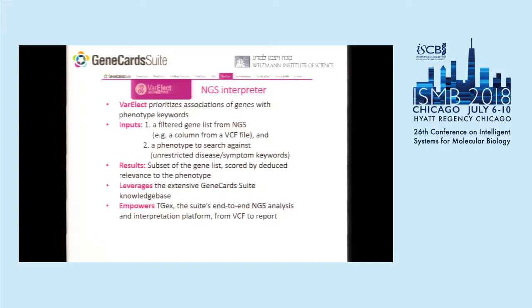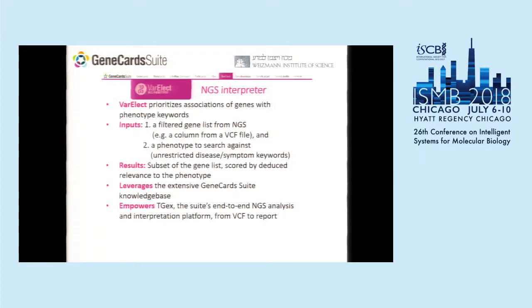What VarElect does is take the set of genes and look at the phenotype and see how you can find a subset of the genes that best match the phenotype by leveraging all of the rich information in the GeneCards Suite knowledge base, the gene, disease, pathways, and all those entities and the relationships amongst them, and return a ranked score.